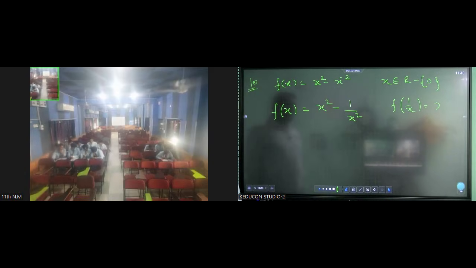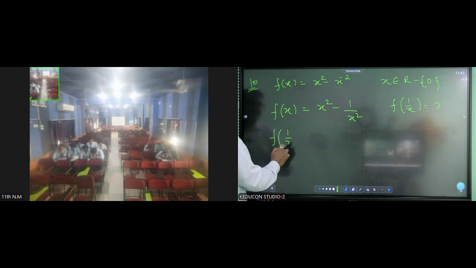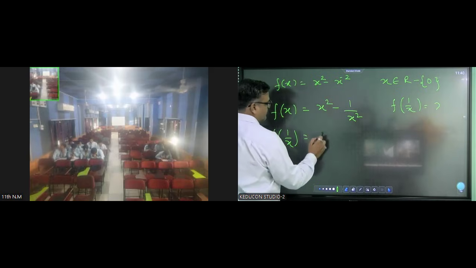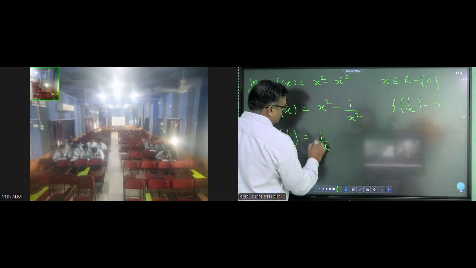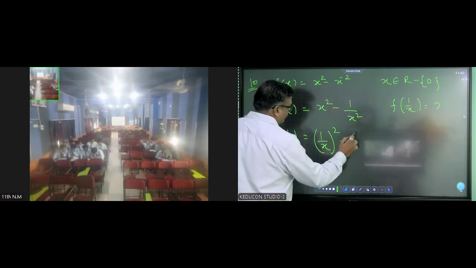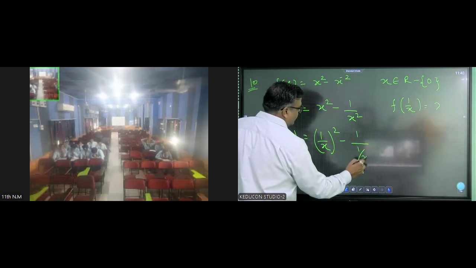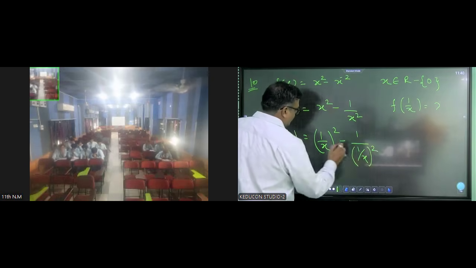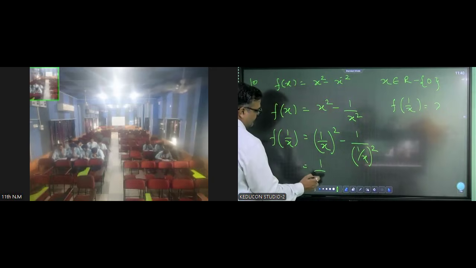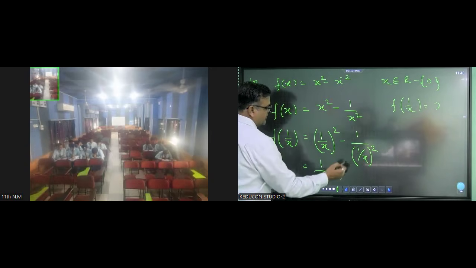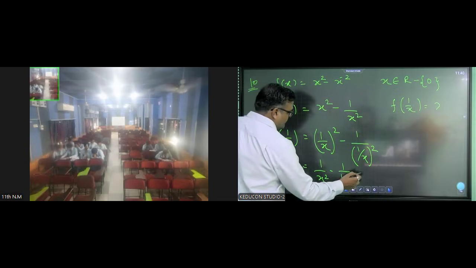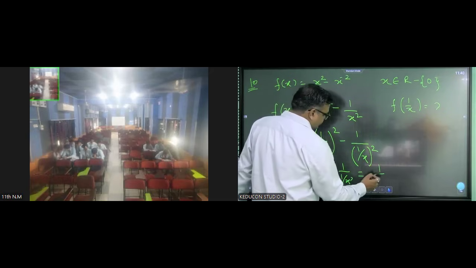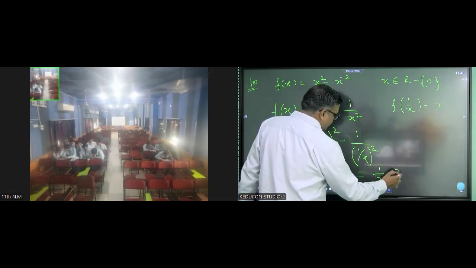Now you have to find f of 1 by x. Replace x by 1 by x. So what this becomes? 1 by x whole square minus 1 over 1 by x whole square. So what this becomes? 1 by x square. ये बच्चे क्या हो जाएगा? 1 over 1 by x square, which will be equal to 1 by x square minus x square.